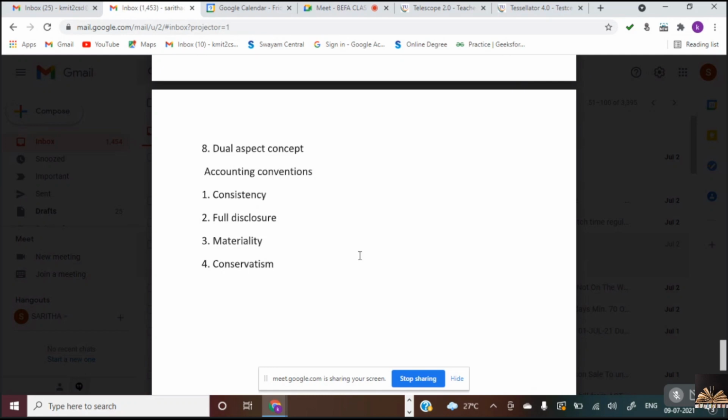So there shouldn't be anything in the dark. Everything should be disclosed. That is known as full disclosure, all the valuable information should be disclosed without keeping anything in the dark.